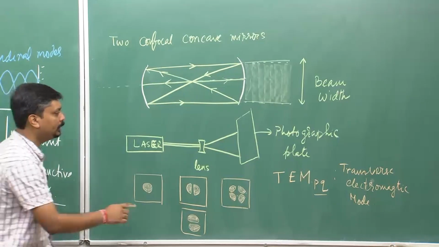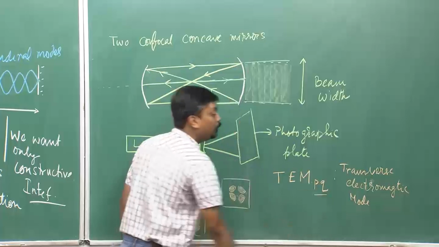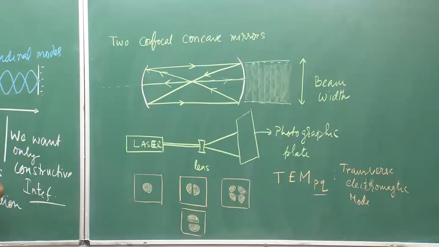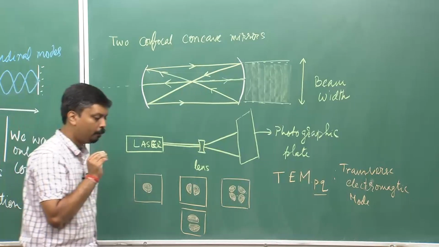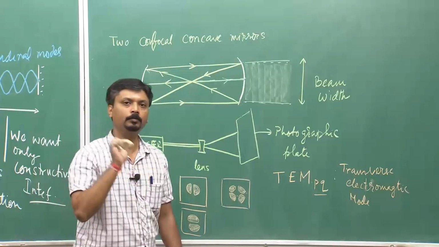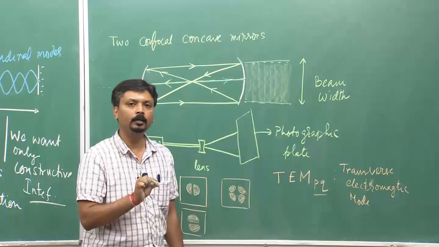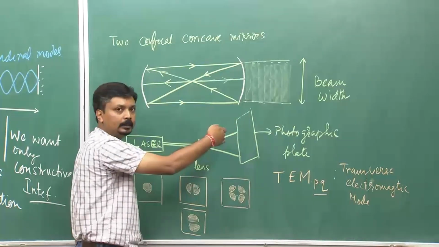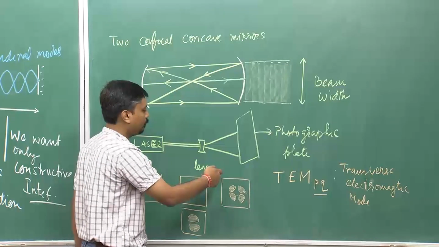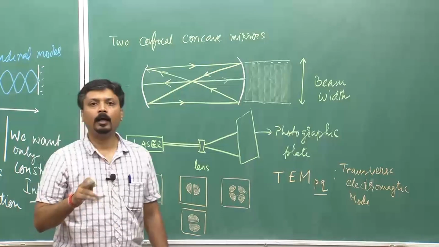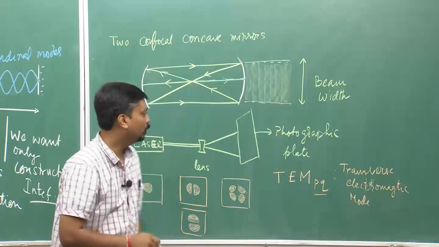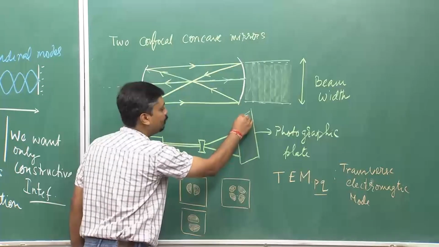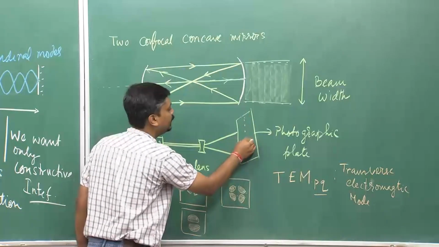Okay. So, essentially this PQ, these are the numbers of nodes in this plane, that is the perpendicular to the axis of the cavity, and in two perpendicular direction, because this is a plane, right. So, it can have this direction and it can have this direction.